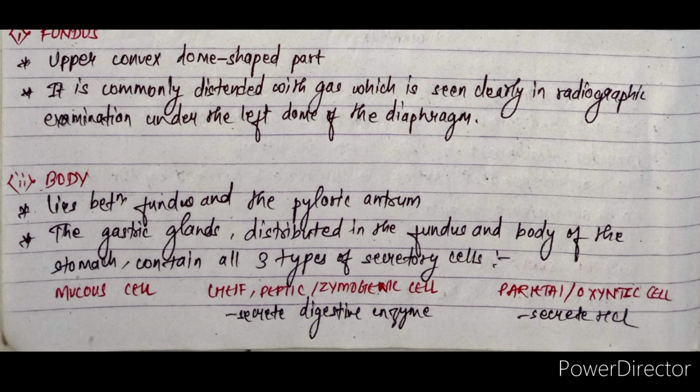The gastric glands distributed in the fundus and body of the stomach contain all three types of secretory cells, that is the mucus cell, chief peptic or zymogenic cell, which secrete digestive enzymes, and parietal or oxyntic cell, which secrete HCl.